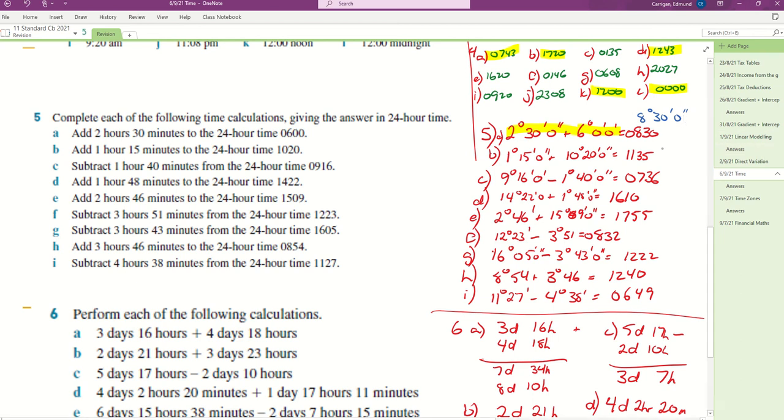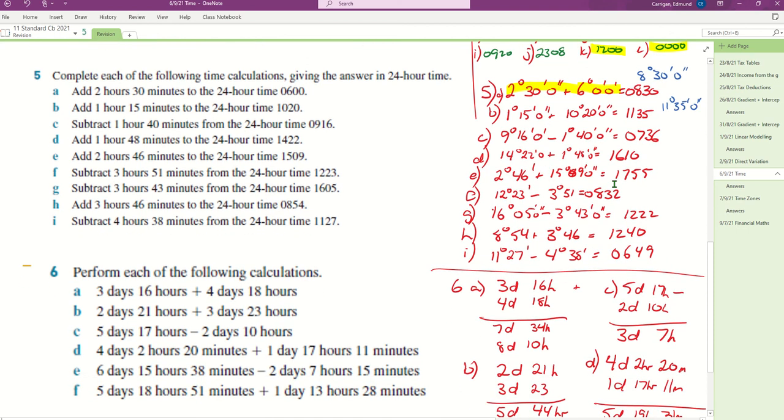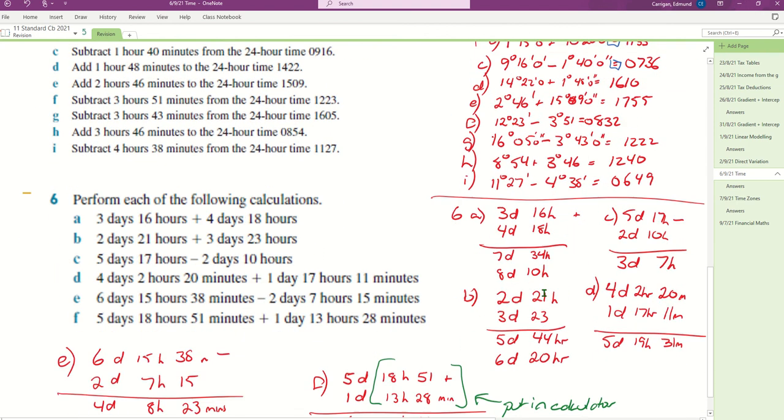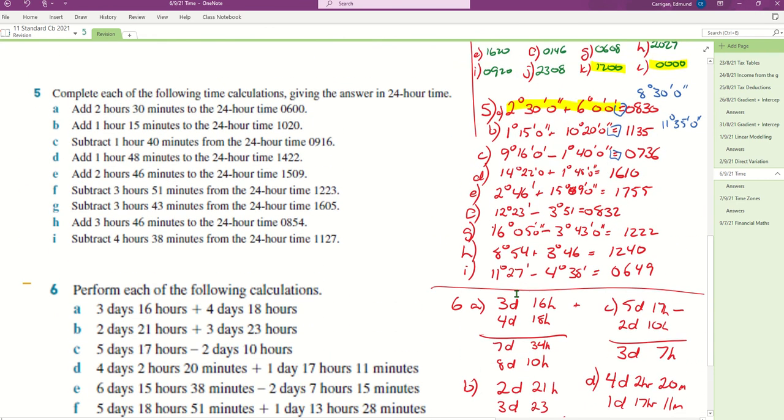Coming out of my calculator is going to be 11, 35, and then 0, and I'm going to convert that by pulling out the last one being seconds, 11:35. So I can do every single one of those using my calculator as I've indicated. And this thing here is me pushing the equals button. So push the equals button on your calculator and you will get that. So all of question 5 we can do that way.